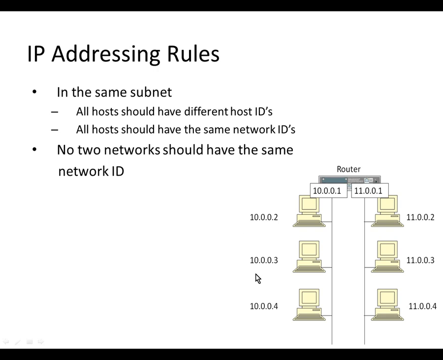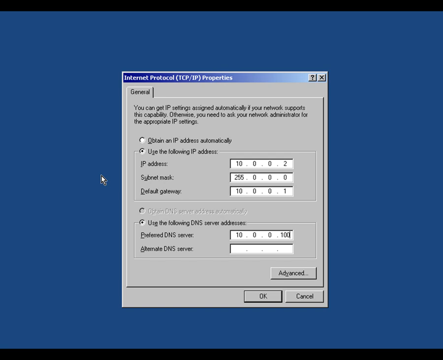So all of these computers begin with 10, and all of these computers on the other network begin with 11. And no two networks should have the same network ID. Let's now talk about the subnet mask. If we look at the IP address, we can see the IP address, and right below it is the subnet mask.